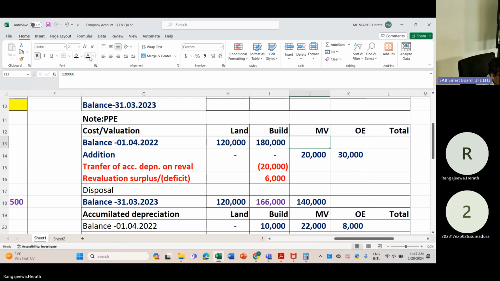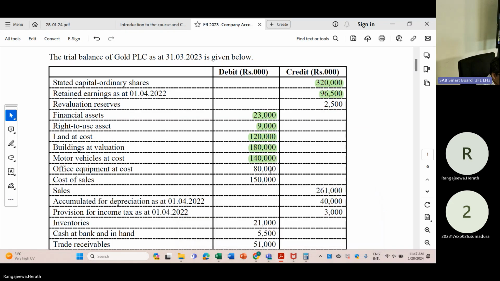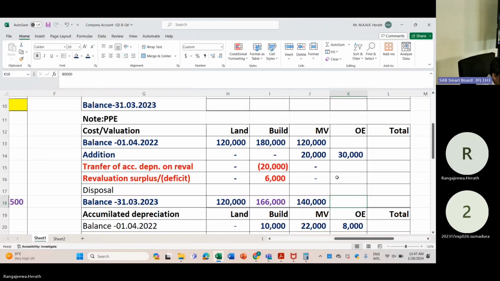So the opening balance should be 120. No disposal, no transfer of depreciation or revaluation for the motor vehicle. Then office equipment closing balance 80,000 is after properly accounting for the addition of 30. So the opening balance is 50.